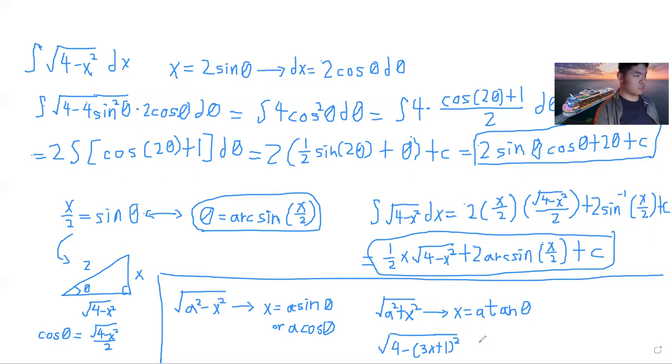Just say 3x plus 1 is equal to sine theta or cos theta, right? I'm not going to write out the whole thing. And then you could substitute x equals sine theta minus 1 over 3. I'm not going to write it out, but it's going to be harder to solve this type of integral dx, but it's a similar idea.